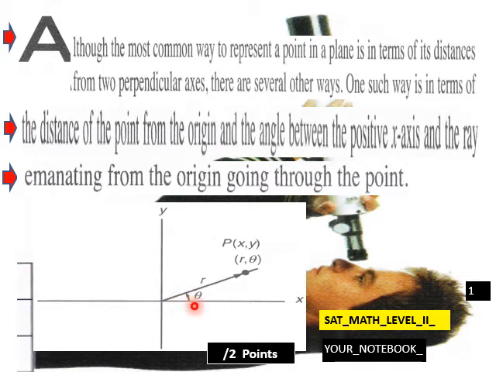You have your angle measure, and that emanates from your origin here. So you have r, theta out here, and the point would also have an x, y coordinate, which is another way of depicting it.